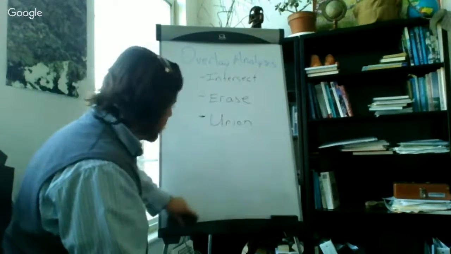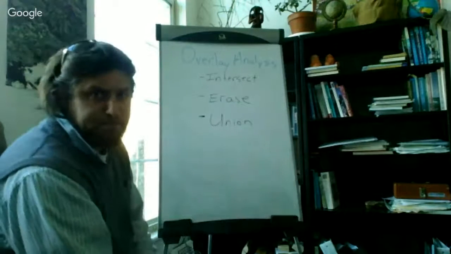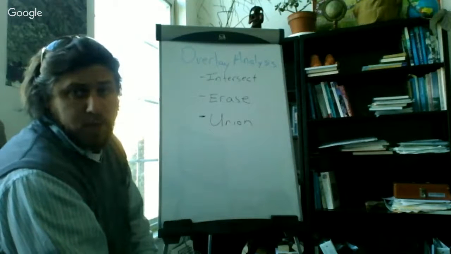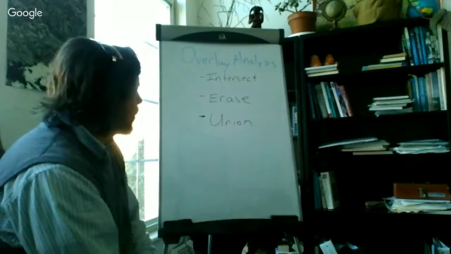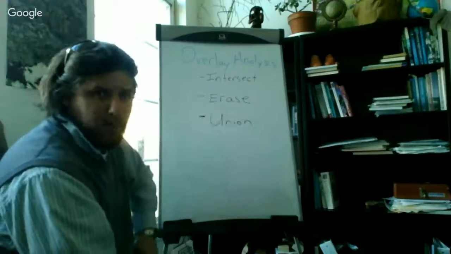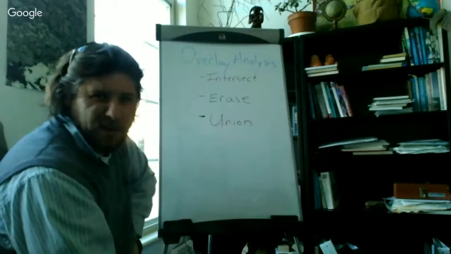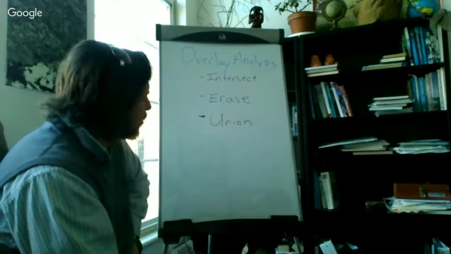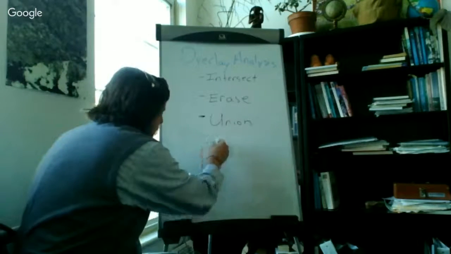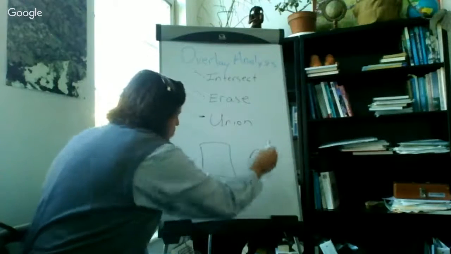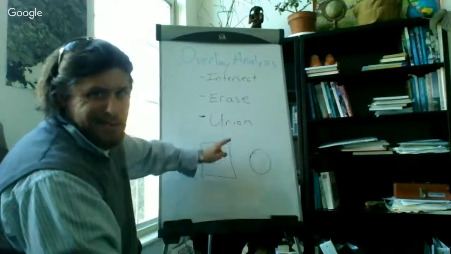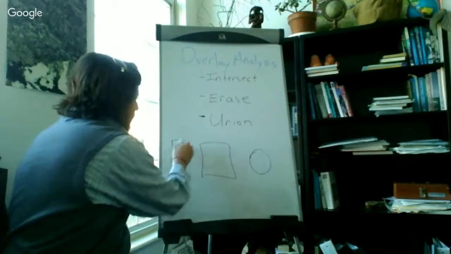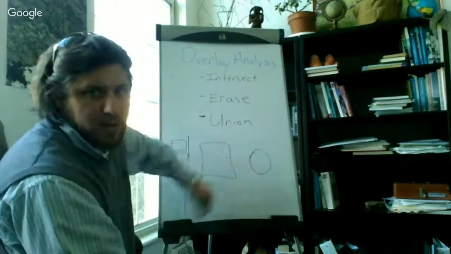So imagine we have two layers and they don't overlap, they don't intersect, and we don't want to erase anything from it, but we want everything to be in the same feature class, right? Or in the same layer or in the same shapefile. So if we have a square and again a circle, and these things exist in the same space, so right, one layer, two layer, we're just looking at it a little differently.